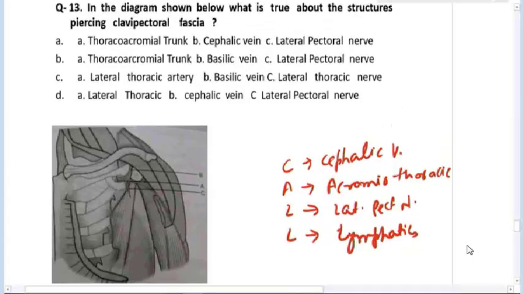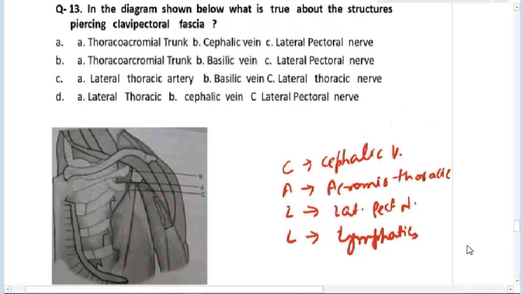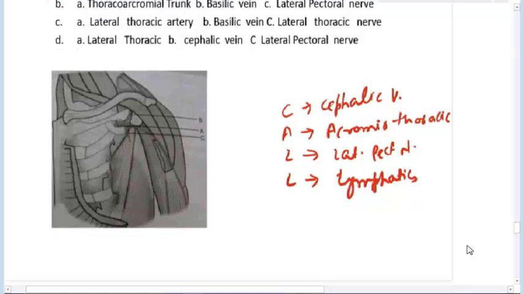So the correct answer to our question is A, where A is thoracoacromial trunk, B is cephalic vein, and C is lateral pectoral nerve.